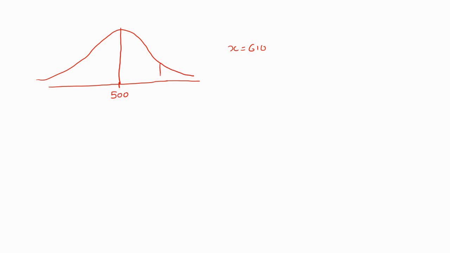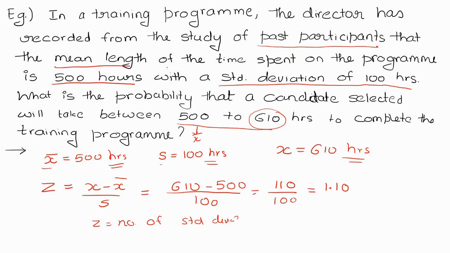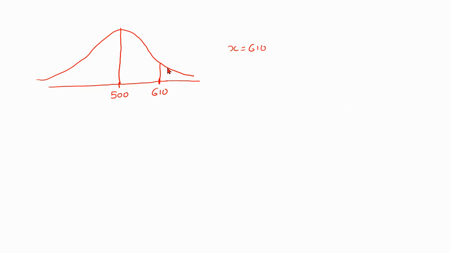So let's say it lies here, that is 610. The question is, what is the probability that a candidate selected will take between 500 to 610 hours to complete the training program? That means the area between 500 to 610 should be calculated.